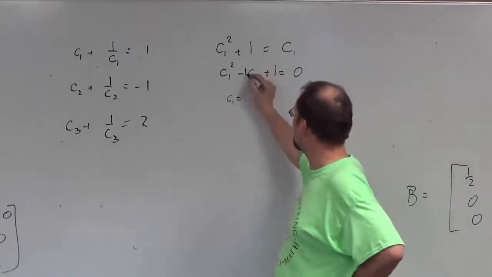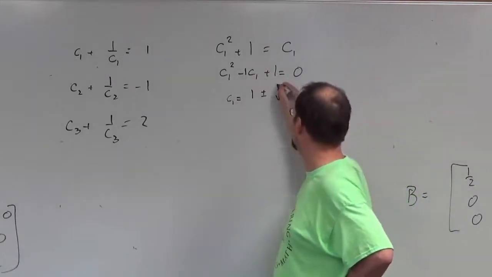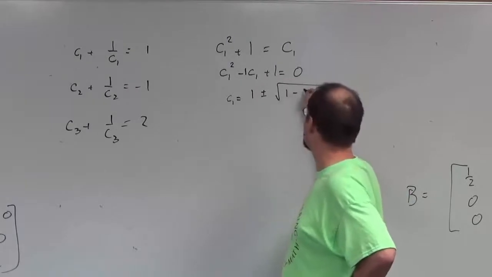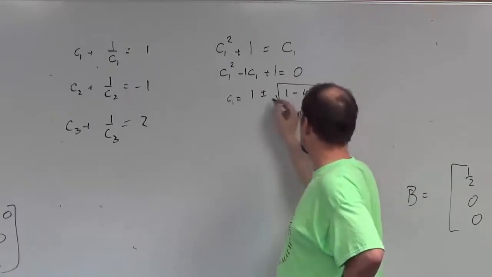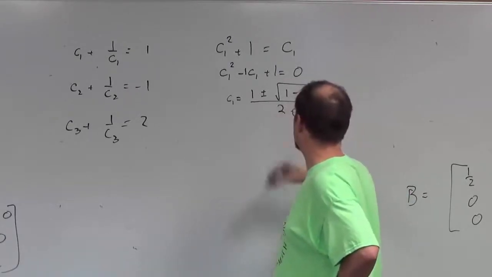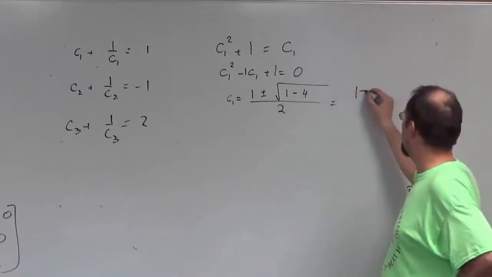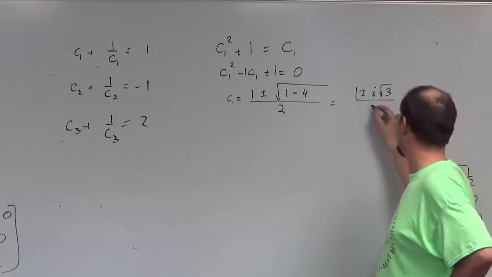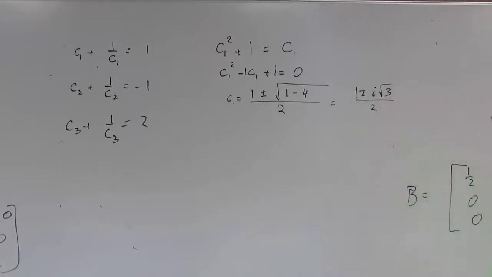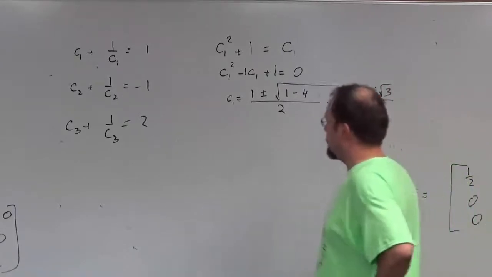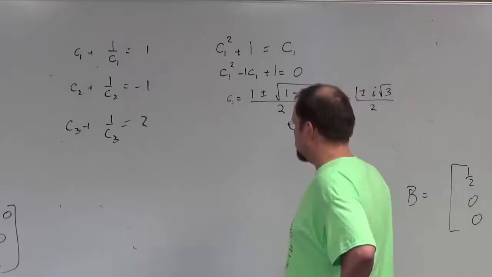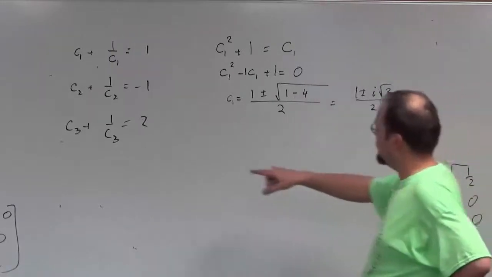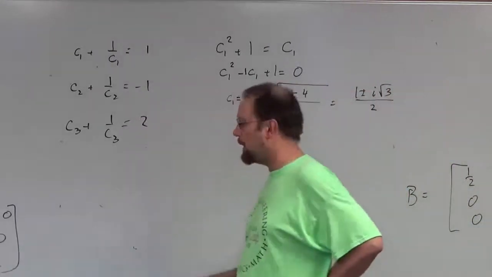Minus b is 1 plus or minus the square root of b squared minus 4ac, divided by 2a, and I'm getting complex numbers. And I would get complex numbers for the second equation as well.